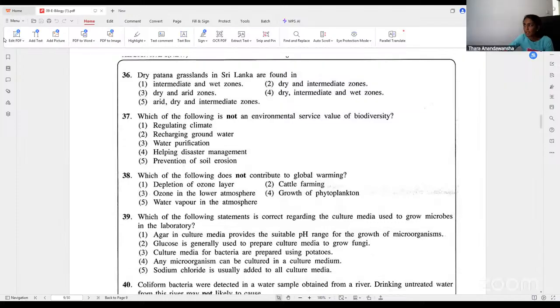Natural grasslands are found in? The correct answer is intermediate and wet zone. So how do we find this answer? There is a table in your book given like this. Let me show you that.